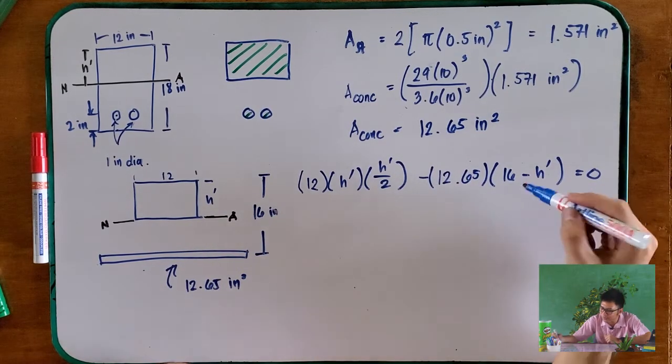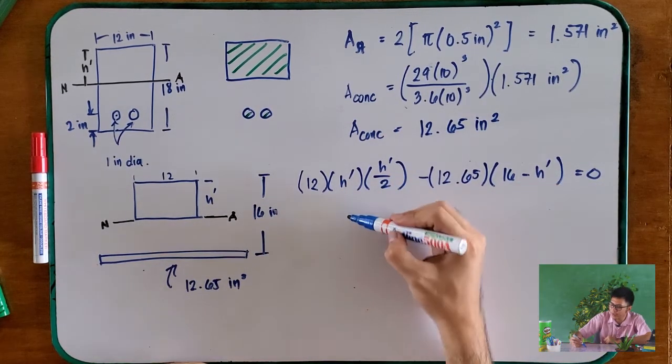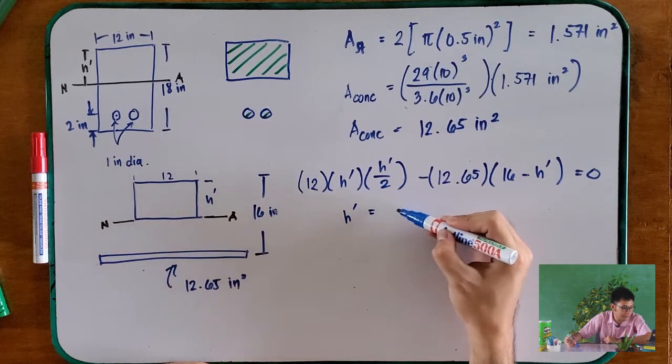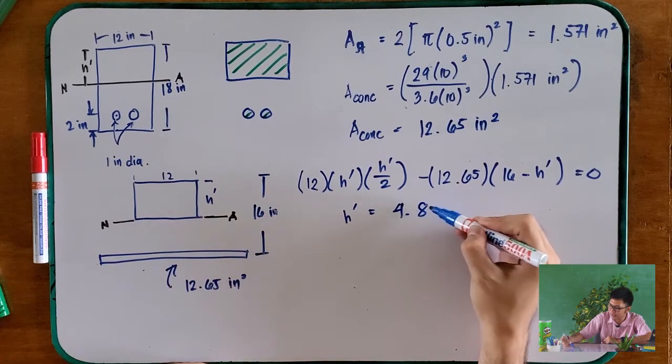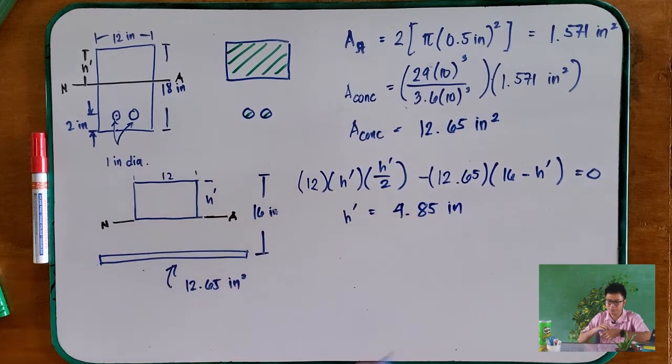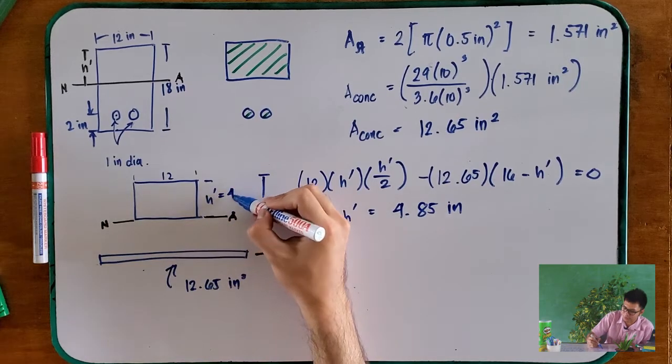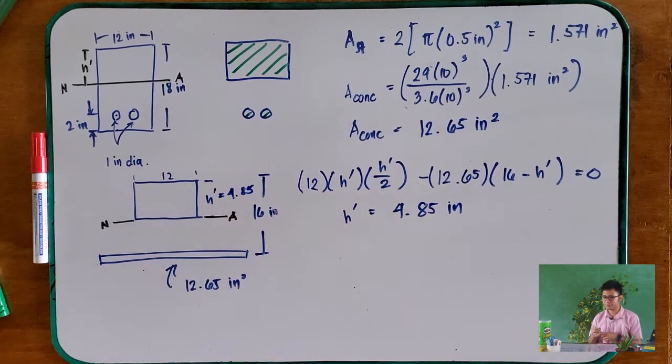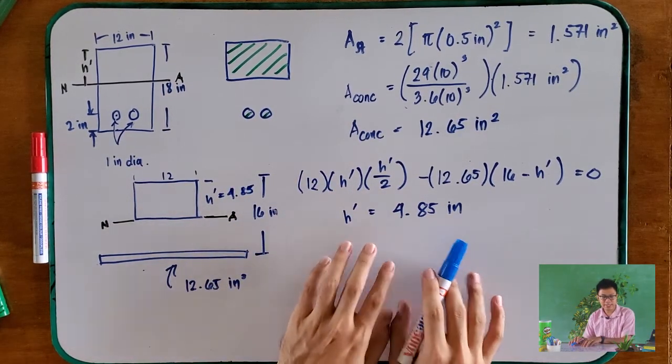By getting the positive root of this, because this is squared, you will get that your h bar is equal to 4.85 inches. So therefore, this one is 4.85. Okay? So we have it now.